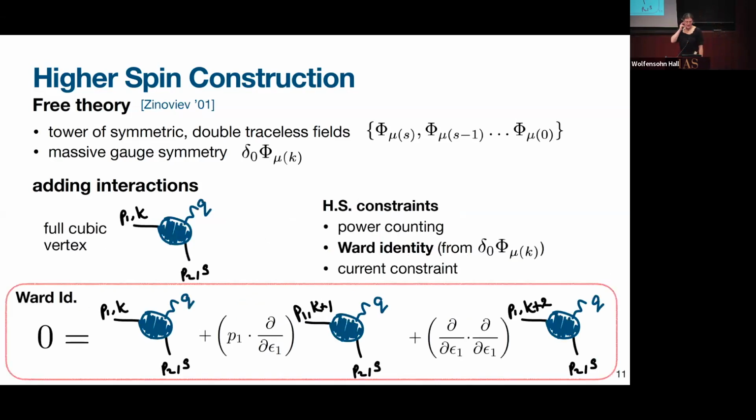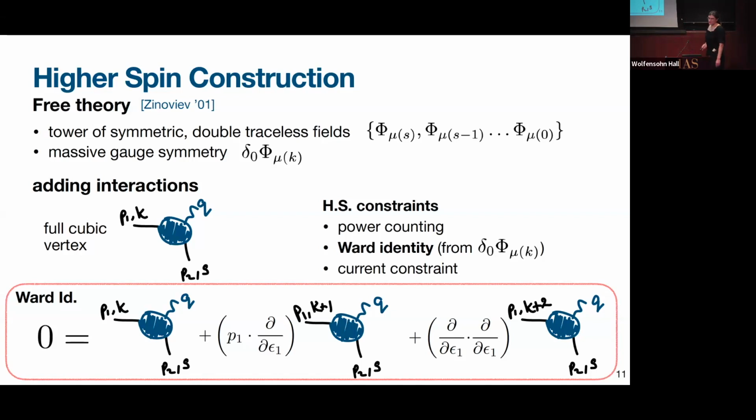So the Ward identity is essentially a repackaging of the massive gauge symmetry, but instead of having to work at the level of the full Lagrangian, now we can work at the level of currents. So in principle, we take these 2 legs on shell, and then we just vary this one off-shell leg here. And the Ward identity ends up being an identity between 3 currents, where the off-shell leg differs in spin by up to 2 units.